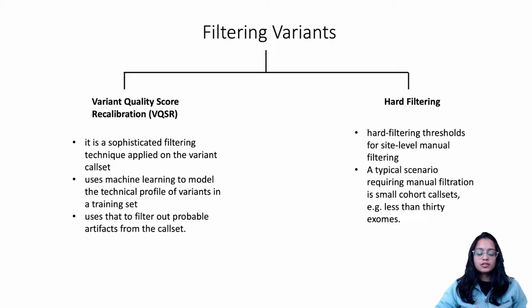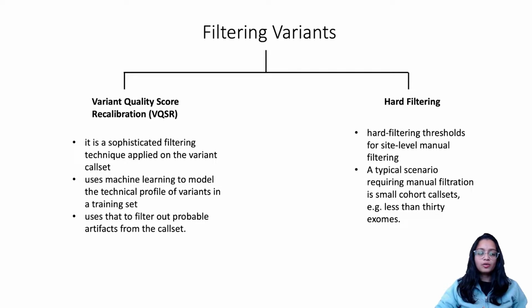The other alternative is a more sophisticated method, the variant quality score recalibration method, which is essentially a machine learning algorithm that tries to learn from each dataset what the annotation profile of good quality variants is versus bad quality variants.